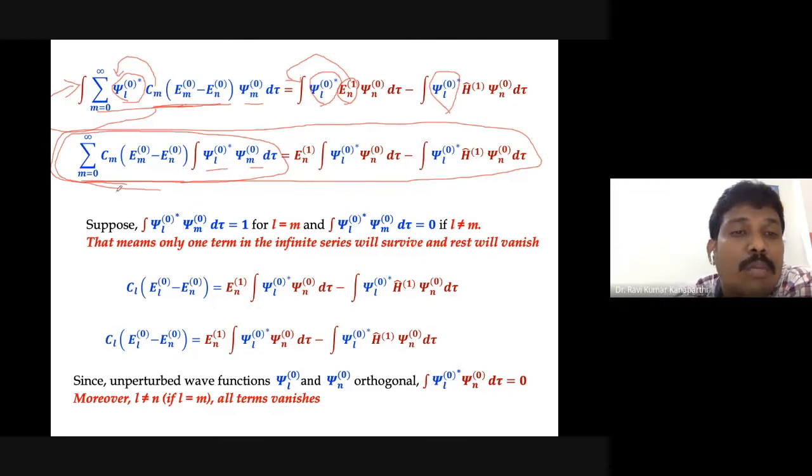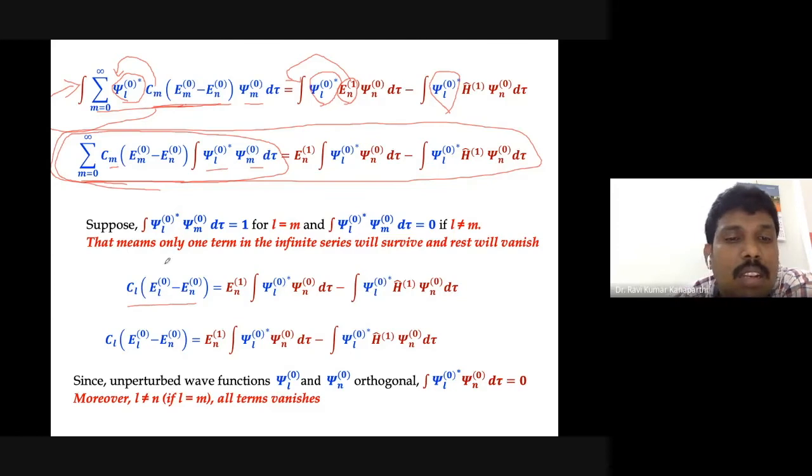Only one term on the left hand side in the infinite series will survive. What is the coefficient of such a term? If L is equal to M, that integral is going to be 1, and that particular coefficient is going to survive. So here, if L is equal to M, CL. So wherever M is there, you can replace it with L.